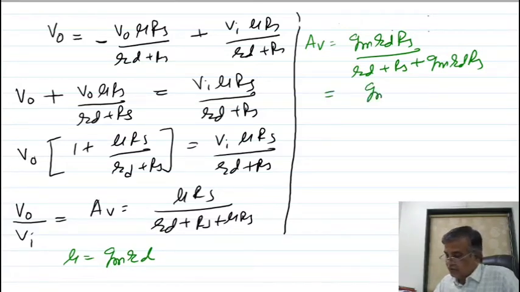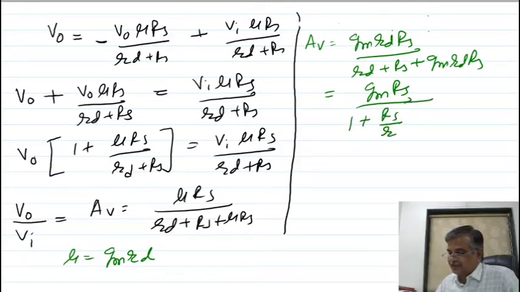Now GM RS, you divide the numerator and denominator by RD, so you will get this equation. If you divide this term by RD, GM RS is left. Divide by RD here, 1 divided by RD, RS by RD. Now take care what I am writing.